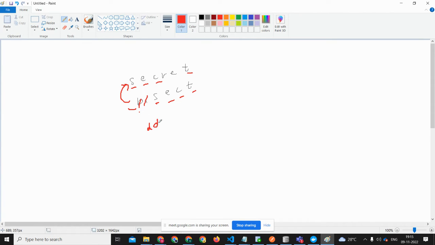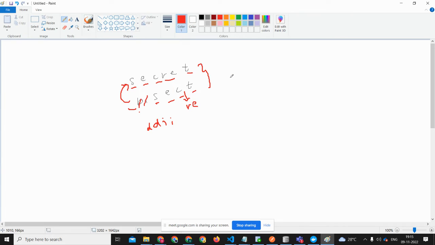One delete operation. Then we delete I, a second delete operation, and we have SEC. After this, we need to insert R, which is one insert, and E, which is another insert, and T is already there. So if we do that, SECRET, this is what edit distance is.